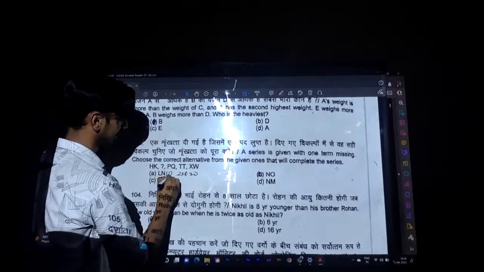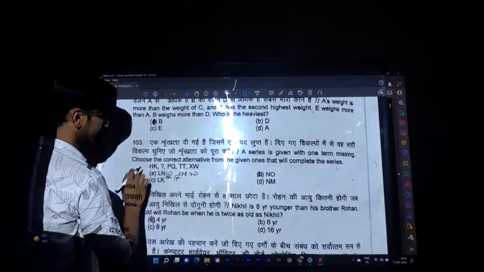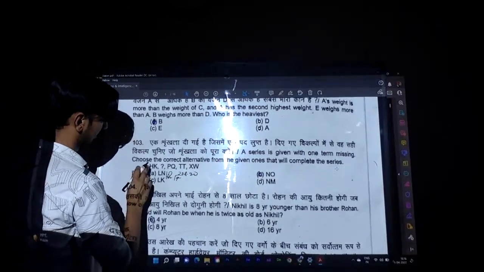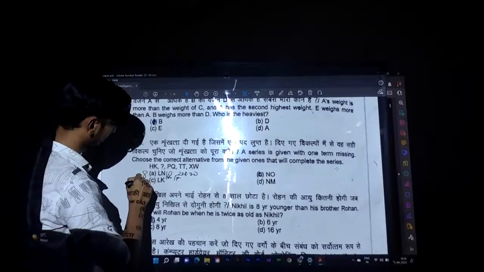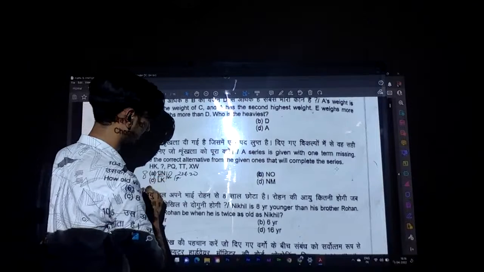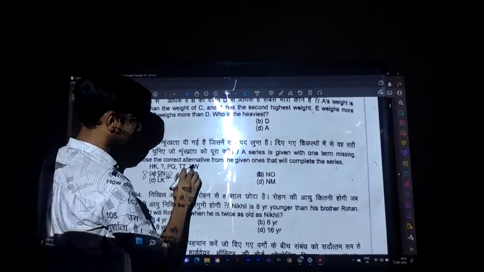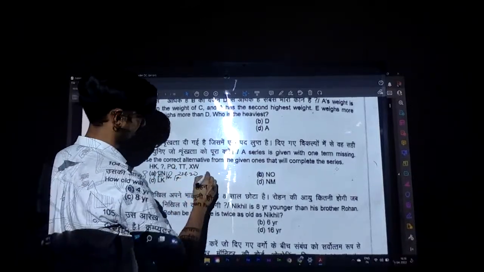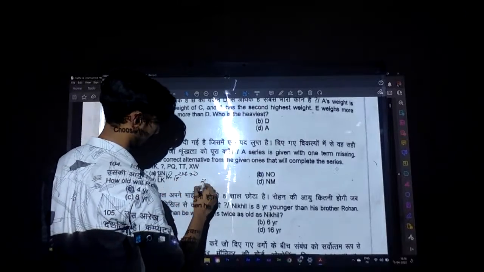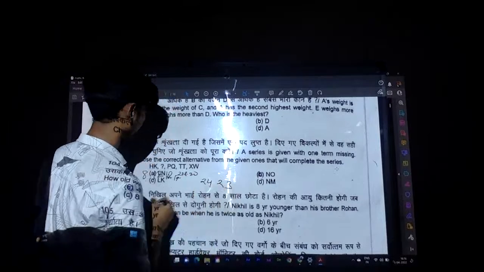P and Q are 16 and 17. H and K are 8 and 11, and X and W are 24 and 23.